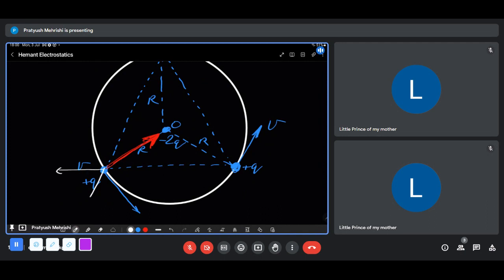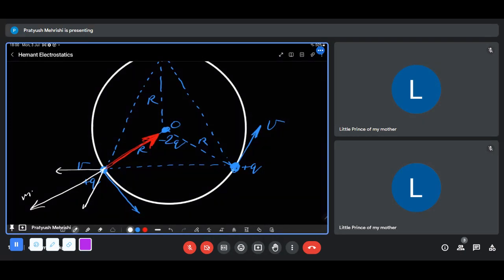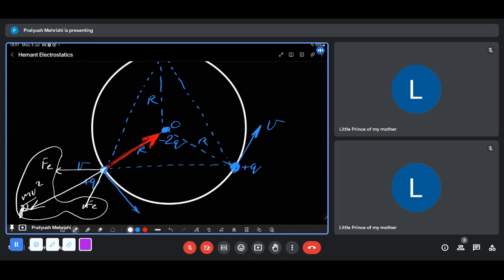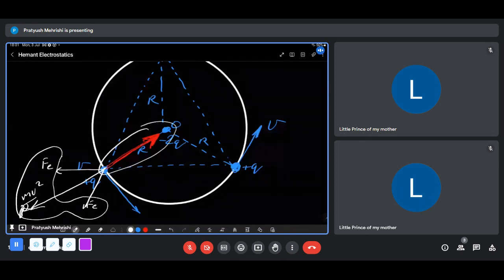They will repel in this direction. Plus mv square by r. So this is electrostatic repulsion and this is mv square by r centrifugal force. These two should be balanced by this force.